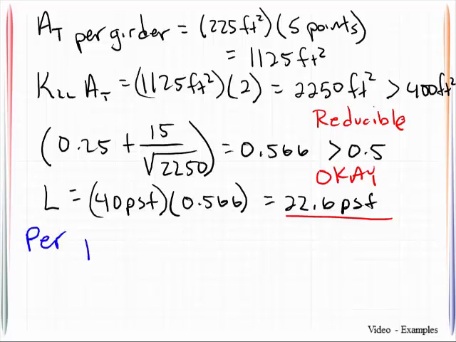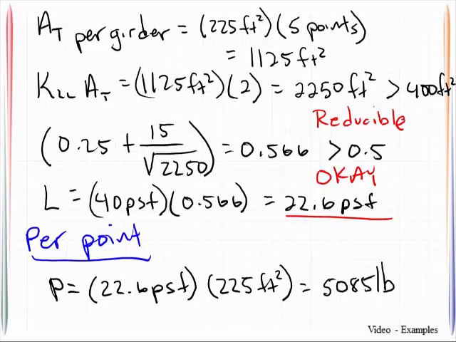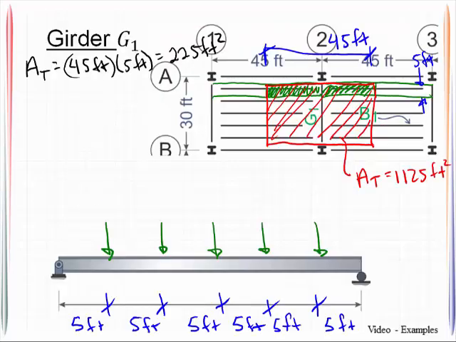And so per point, we can calculate what that point load is, being 22.6 pounds per square foot, times the tributary area for each point, 225 feet squared, gives us 5,085 pounds, or approximately 5.1 kips. And we can now come back and draw it on our diagram.